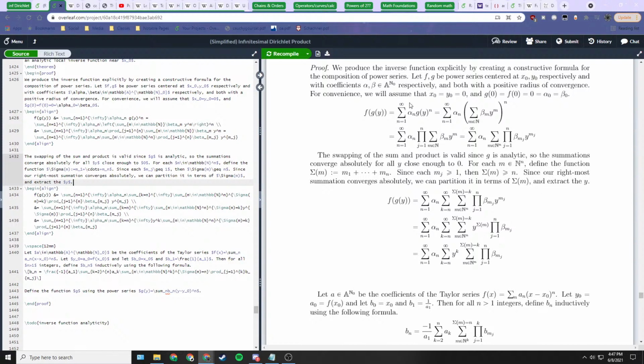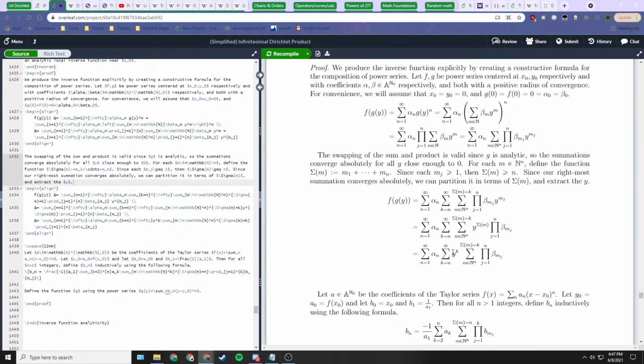Okay, so we've done the composition, we've swapped the sum and the product, we've partitioned the new sum, and then we've used this partition to pull out this y power. Each of these partitions is saying we'll take these vectors where all these m's add up to k. We're just multiplying through powers of y, so this gives us y to the power sigma m, but by our partition sigma m is k, and that just pulls out as y to the power k.